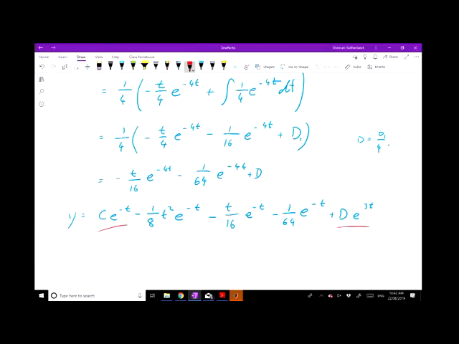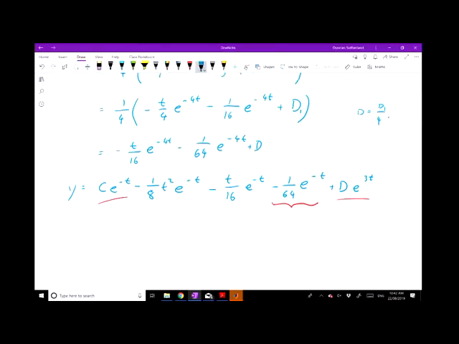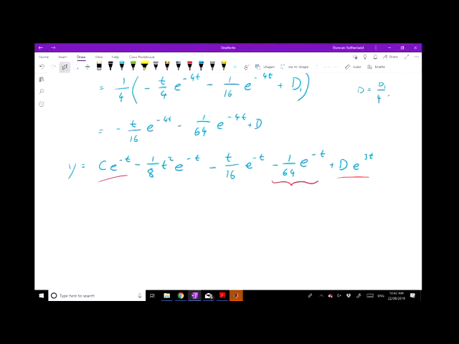That's what we would normally call our homogeneous solution. That's a bit unusual, but that's the rest of our solution. Okay, so we can group this up a little bit more. We can make it look nicer.